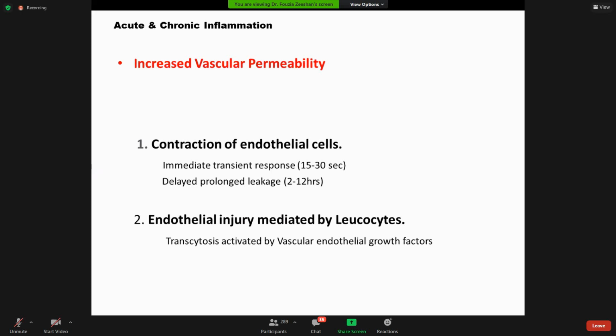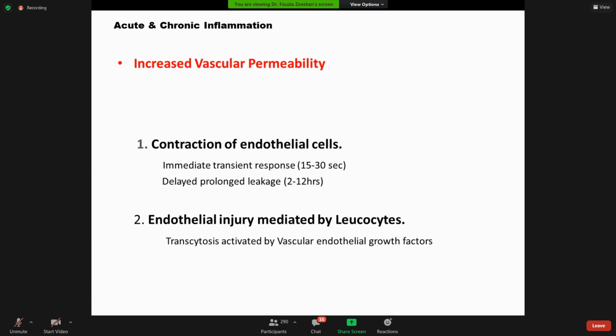So there are two types of responses. First is the immediate transient response. Actually, this is 15 to 30 minutes. It is miswritten over here. This is not seconds, it is 15 to 30 minutes. So the immediate transient response occurs after 15 to 30 minutes, and the delayed prolonged leakage occurs after 2 to 12 hours.